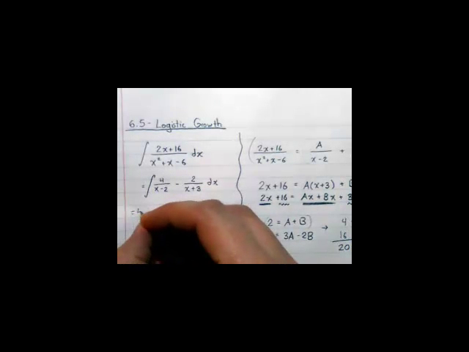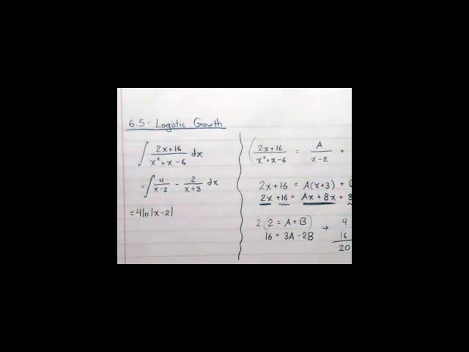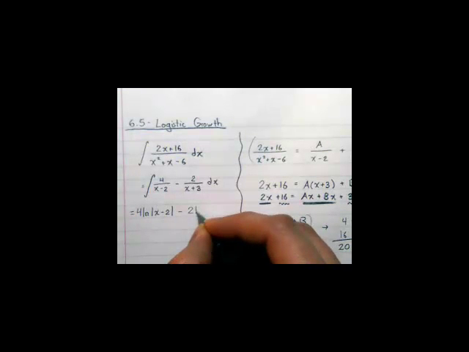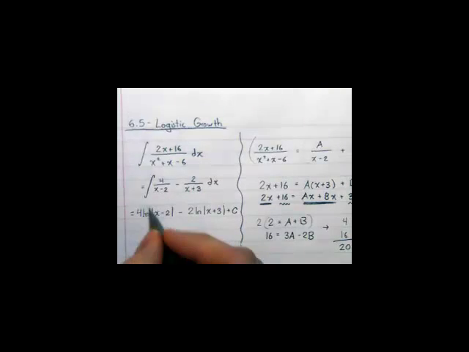You got it. Four natural log x minus 2, and then minus 2 natural log x plus 3, and then don't forget the plus c, right? Yeah, there it is.